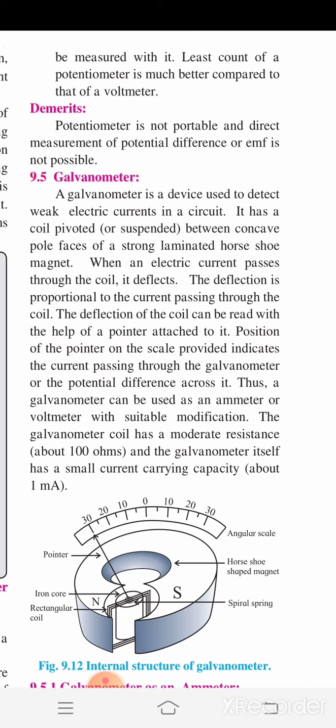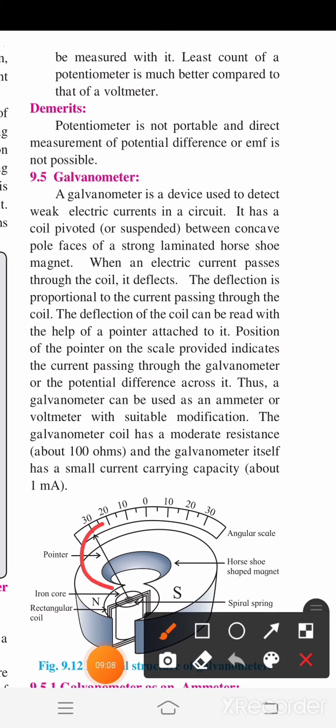In this galvanometer, a pointer is connected. That pointer reads the current flowing through the coil, which gives the deflection of the coil.